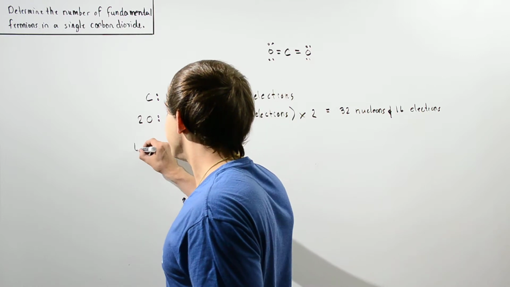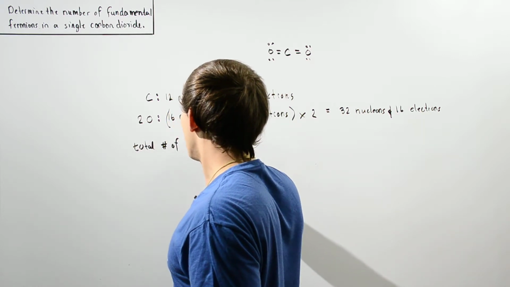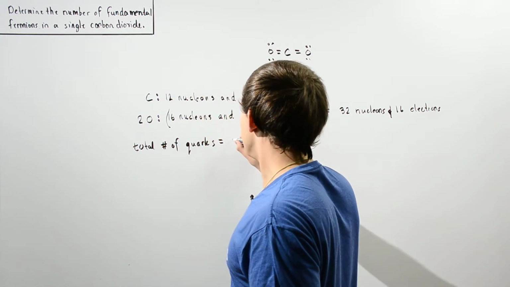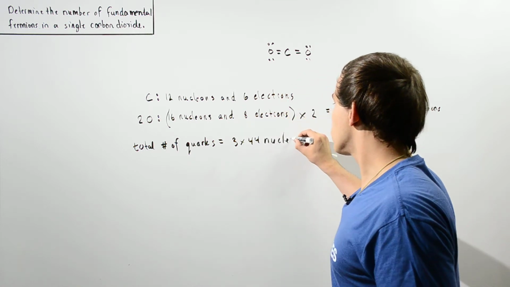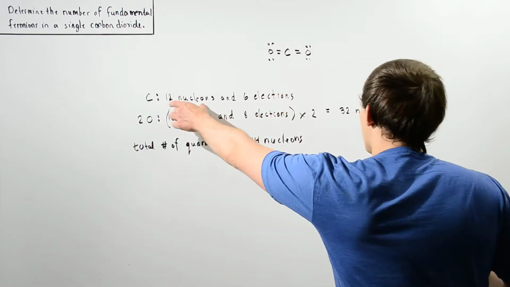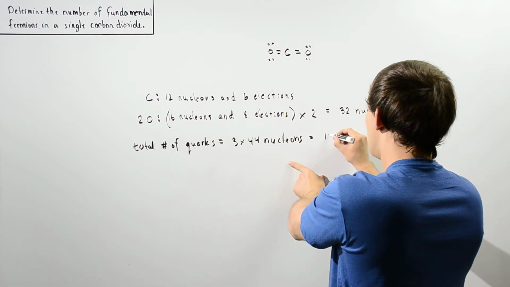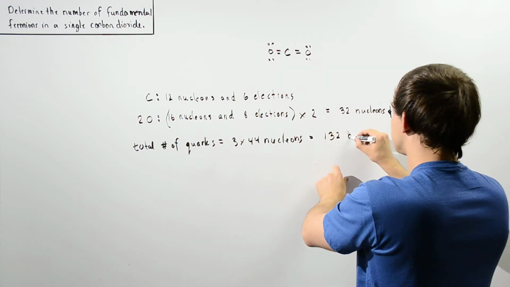So to find the total number of quarks, one form of a fundamental particle, we simply take 3 multiplied by 44, the total number of nucleons. So 12 plus 32 gives us 44, and this gives us 132 quarks.